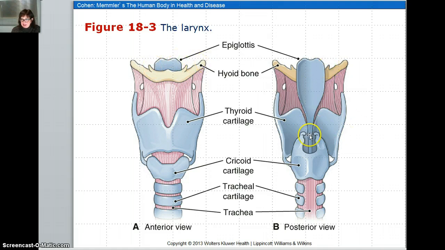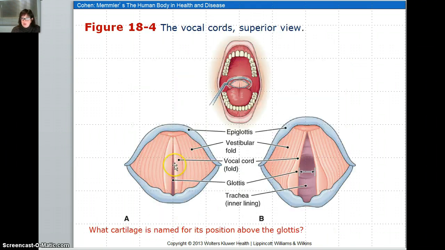Here you can see the epiglottis. The epiglottis will usually close during the swallowing process. The vocal cords open and close and vibrate based on the sound that needs to be made. And a little known fact is that you can only talk when you're exhaling. You can't talk when you're inhaling.